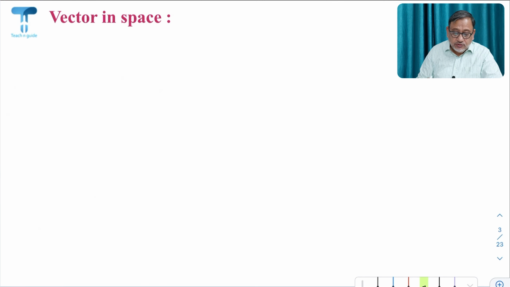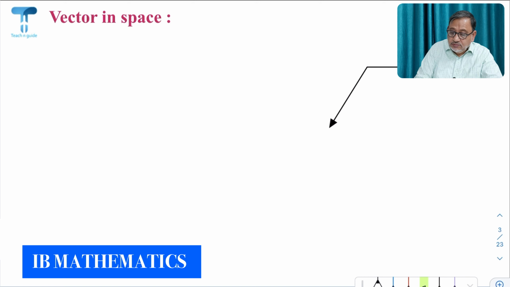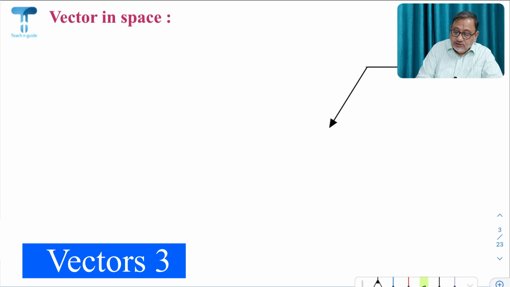Okay, so let us go to vector in space. In space I will draw x, y and z coordinate axes. Suppose this is my x-axis, then this is my y-axis, and this is my z-axis.